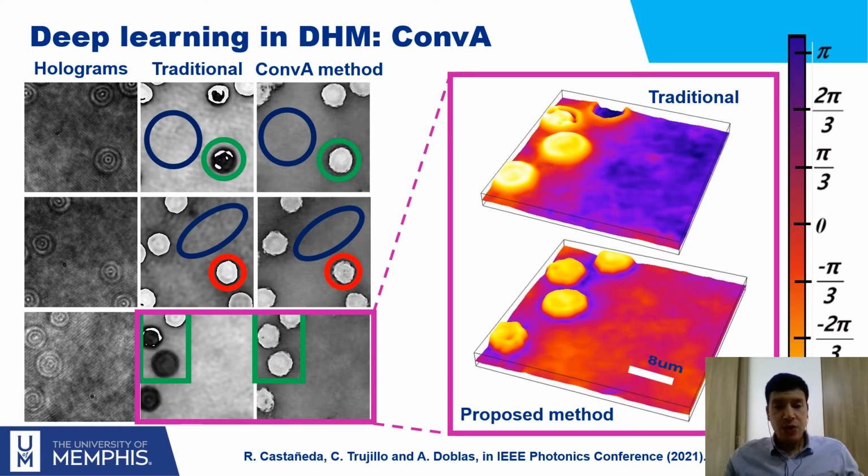And we can see that although the traditional method yields some very good reconstructions, at the same time, the instabilities due to the experimental conditions during the acquisition can yield some errors, as we can see in the region enclosed by the green lines. On the right of this slide, we see the topographic image, and we see that the proposed method always yields shapes that are more accurate than those achieved by the traditional method.